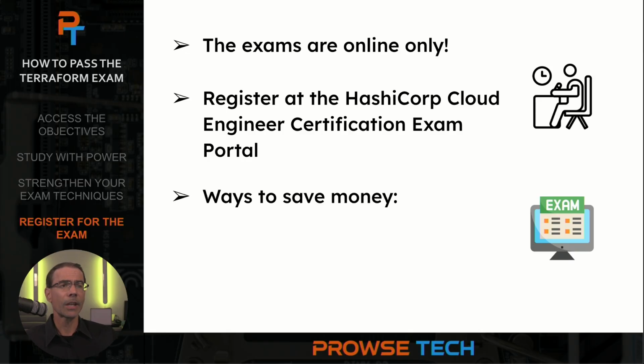And some ways to save money. The exam is already priced pretty cheap. It's about $70 as of the recording of this video. And that's nothing to scoff at, but as far as certification exams go, it's pretty low. You know, a lot of certification exams out there are $200, $300, $400, but you still may be interested in saving money.